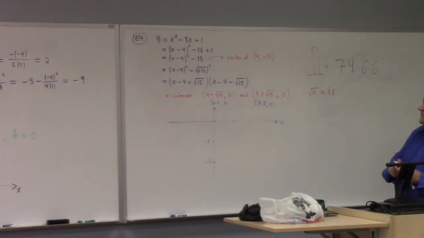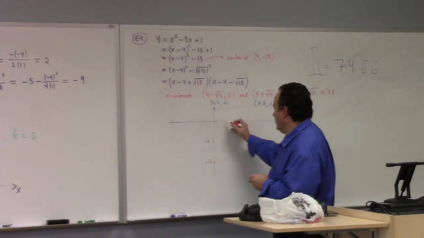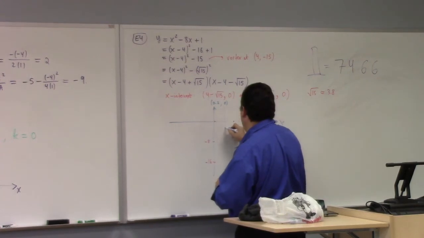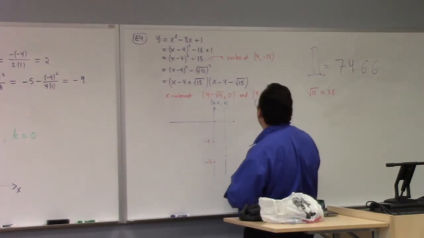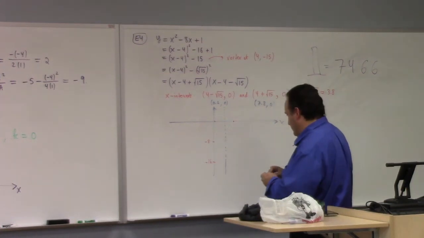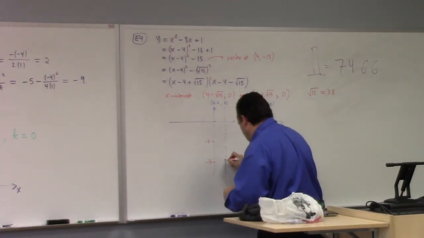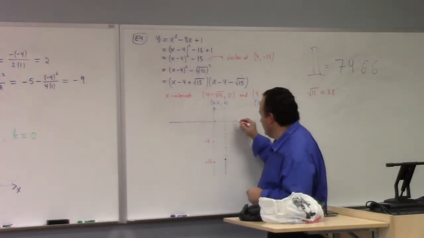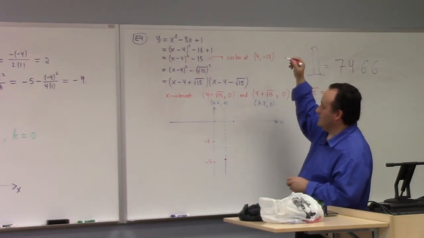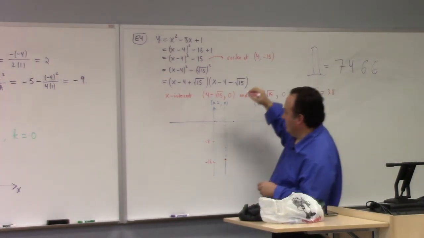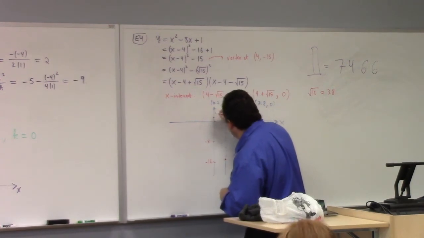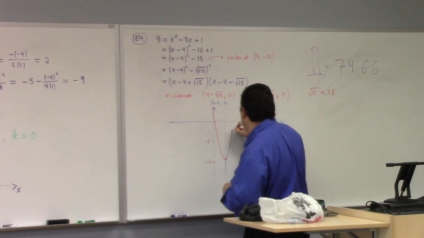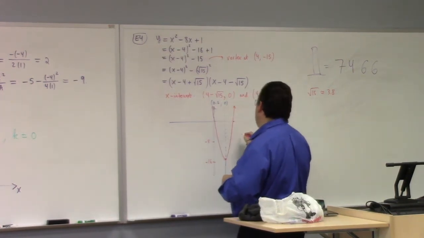Where's my vertex? My vertex was at 4, right in between these, yeah? Just 4, minus 15, so the vertex is right here-ish, right? And where's one other point we can get almost for free? What's the y-intercept for this? 0, 1, right? So the y-intercept's up here. Although if I had some graph paper, it'd be better, of course. So something like that. There you go.